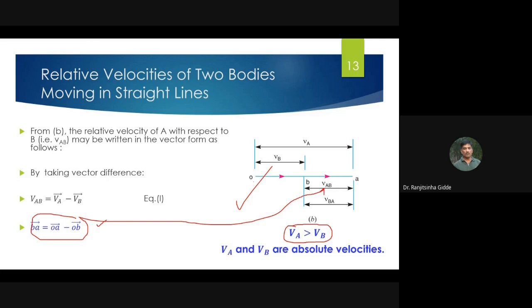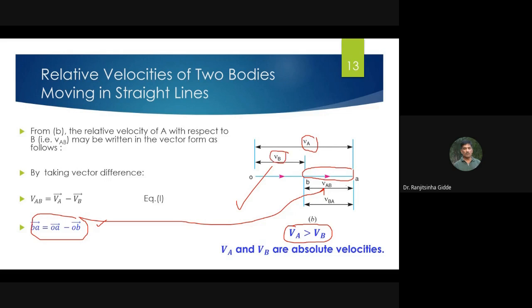This part we have completed. So this is absolute velocity VA, this is absolute velocity VB.